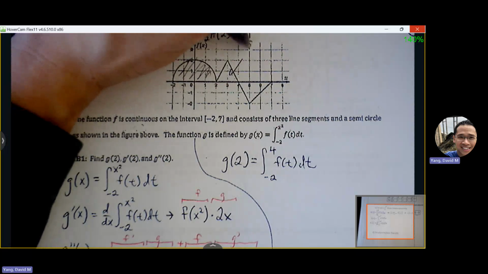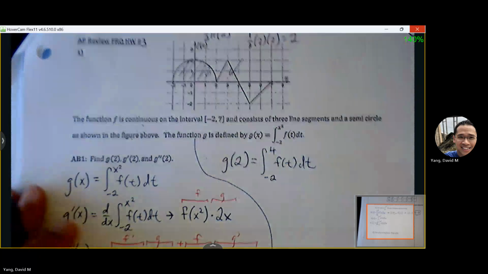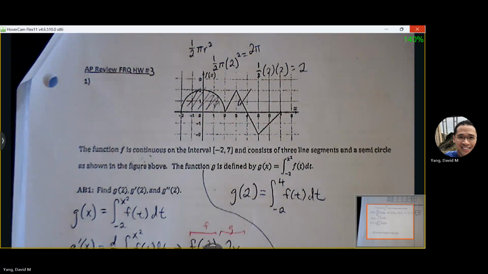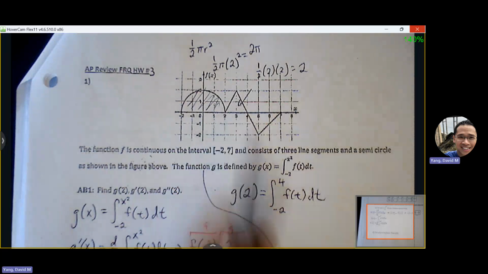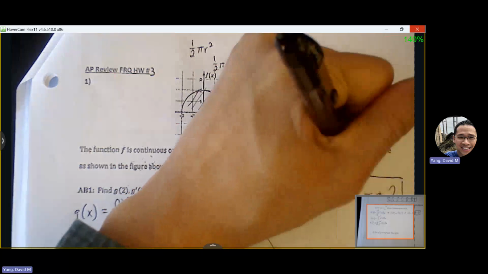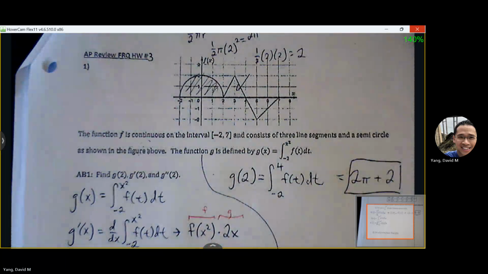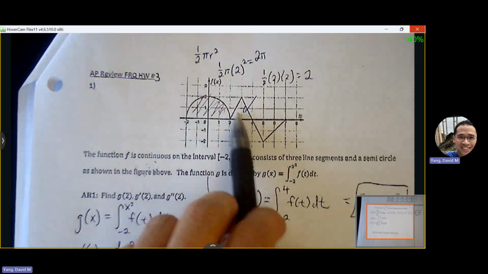Triangle here, 1/2 base times height. So 2 pi plus 2. Everything's above the x-axis, so the semicircle is 2 pi, and the triangle is 2.